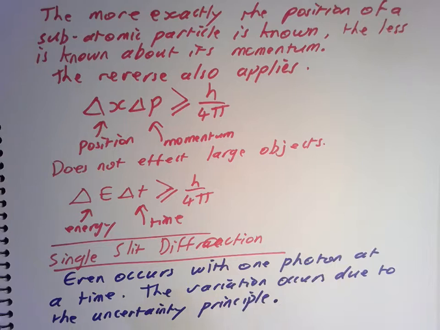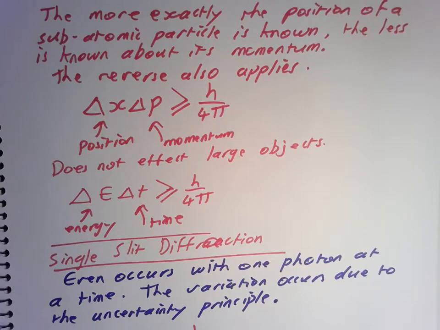What this means in a very crude version is, if you've got a stream of electrons and they come to a gap, and the gap has to be really, really small for electron diffraction.